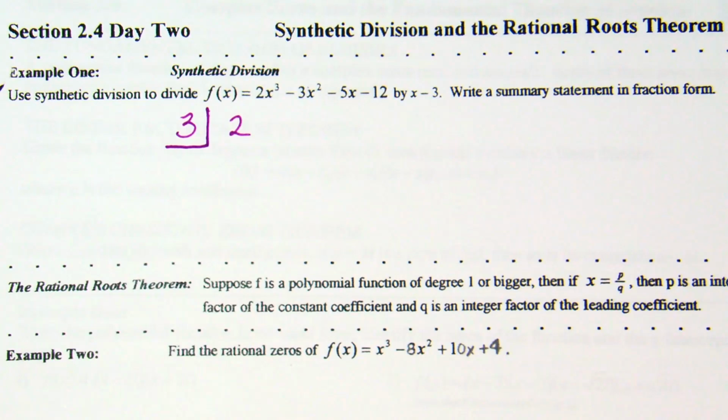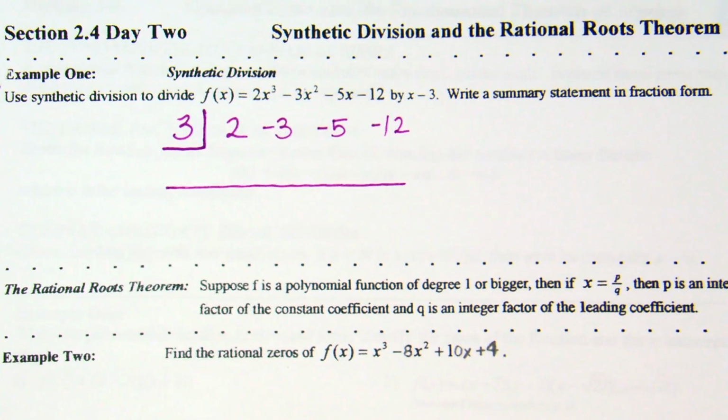So make sure you put placeholder zeros in when you need them. Here we're going to have 2, negative 3 from x squared, negative 5 from x to the first, and negative 12 as my constant. Leave room for a row of numbers, and then I draw a line. That's my synthetic division setup that I typically use.